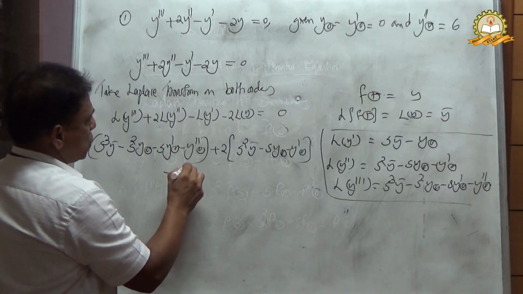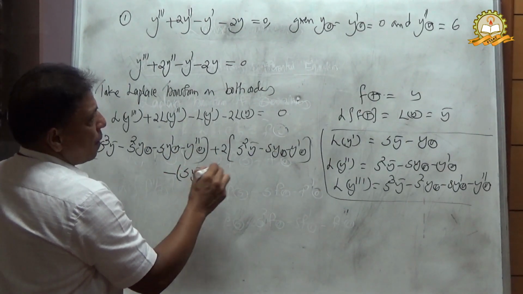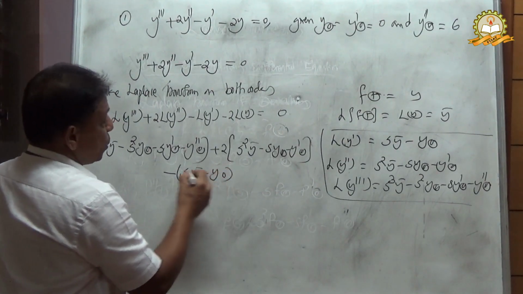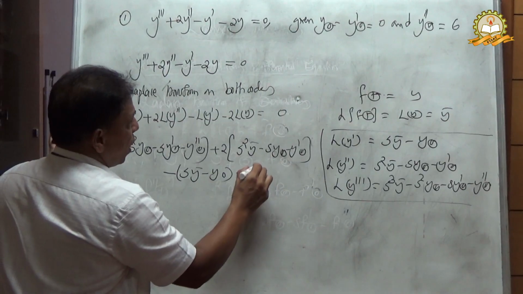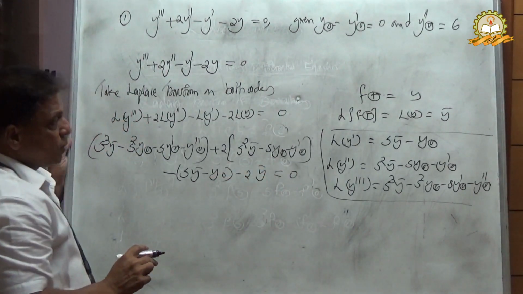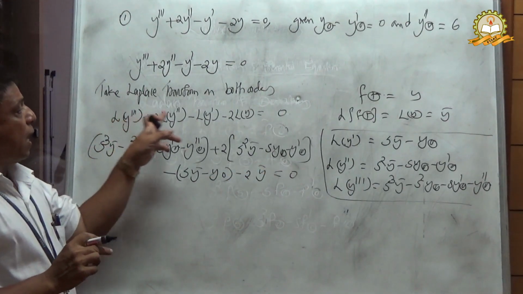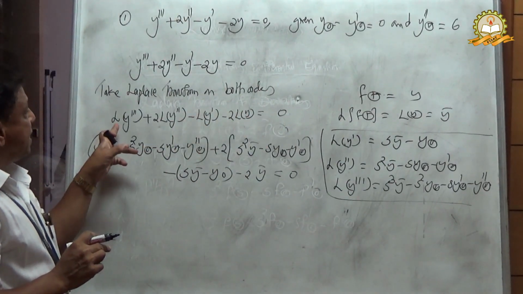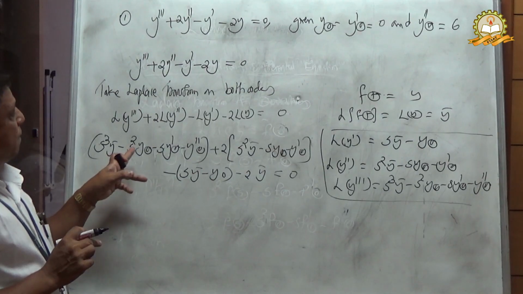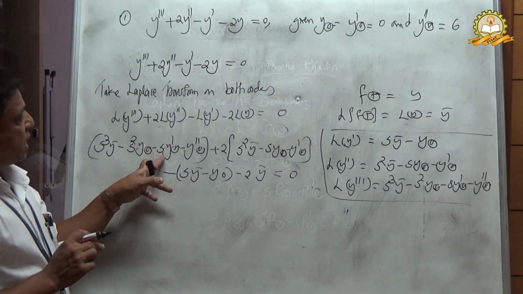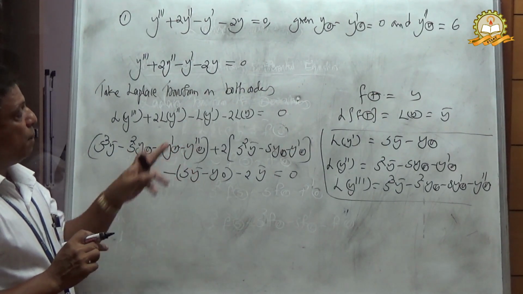L of y dash is equal to s into y bar minus y0, put in the bracket. Minus 2 into L of y, which is y bar, is equal to 0. Here we take the Laplace transform on both sides and apply the formula for L of y triple dash: s cube y bar minus s square y0 minus s y dash 0 minus y double dash 0.